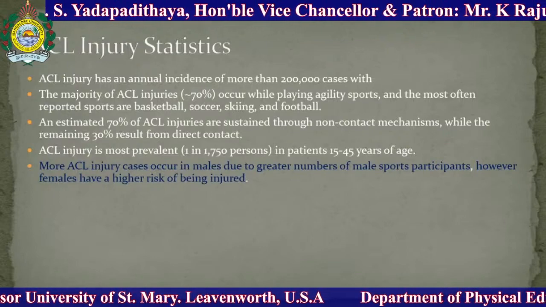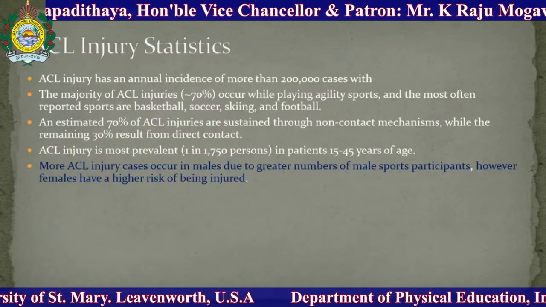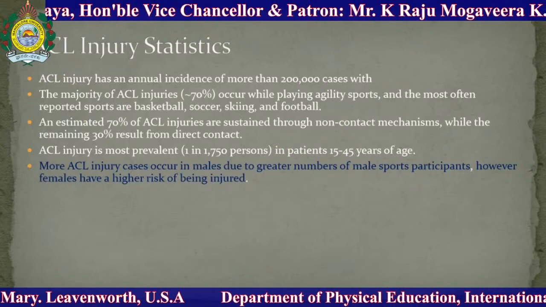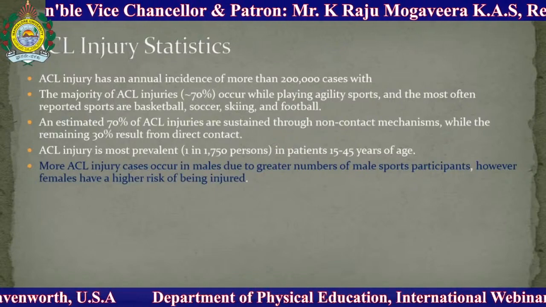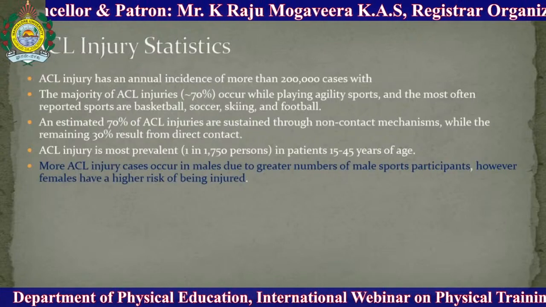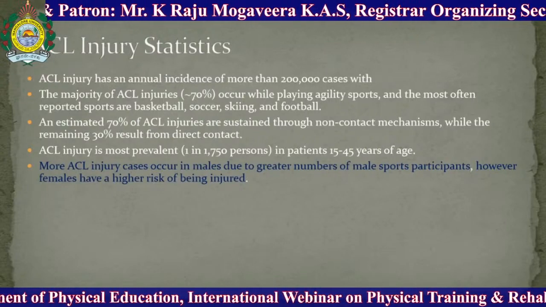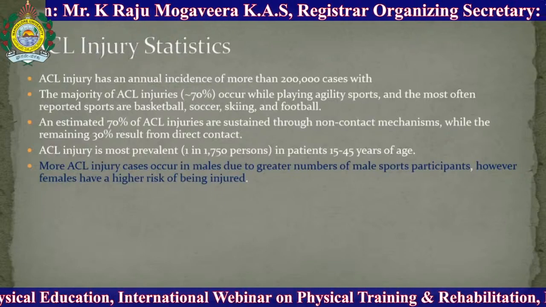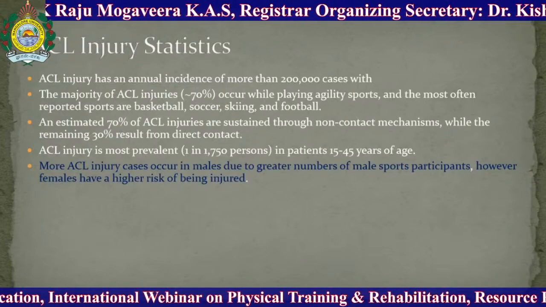Thus, if you took a group of 100 females, more of that 100 females will have an ACL injury compared to 100 males. There's just more of those males that end up playing in a larger group setting.